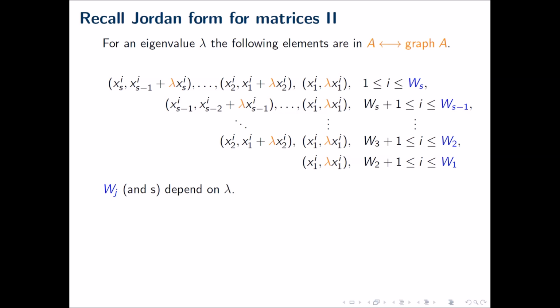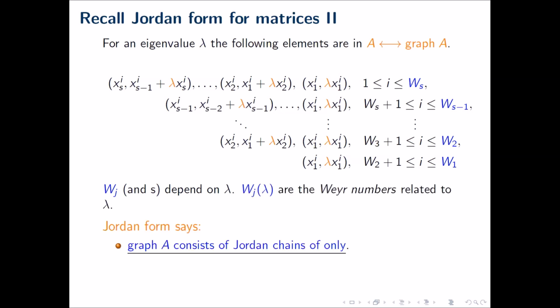How many chains are of length 1, how many are of length 2, and so on. These are numbers that have a name: they are Weyr numbers. These are Weyr numbers which describe how many chains of a specific length you have. And one way to write it down is like this.